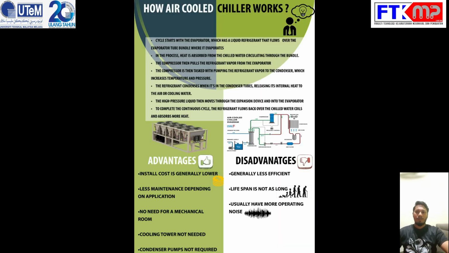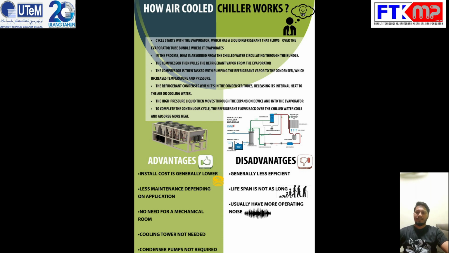Now, how air-cooled chillers work. First, the cycle starts with the evaporator, which has a liquid refrigerant that flows over the evaporator tube bundle where it evaporates. Second, in the process, heat is absorbed from the chilled water circulating through the bundle. Then the compressor pulls the refrigerant vapor from the evaporator.